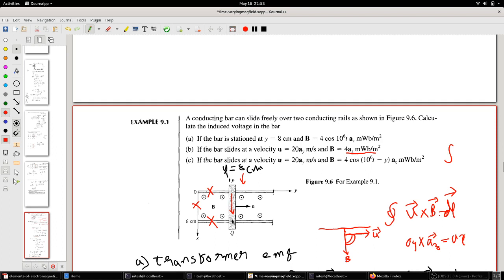This is the direction of the current, so my limits will be from x equal to 6 centimeters to 0, opposite to the direction of the current. dl will be dx ax, and then I can solve the problem.